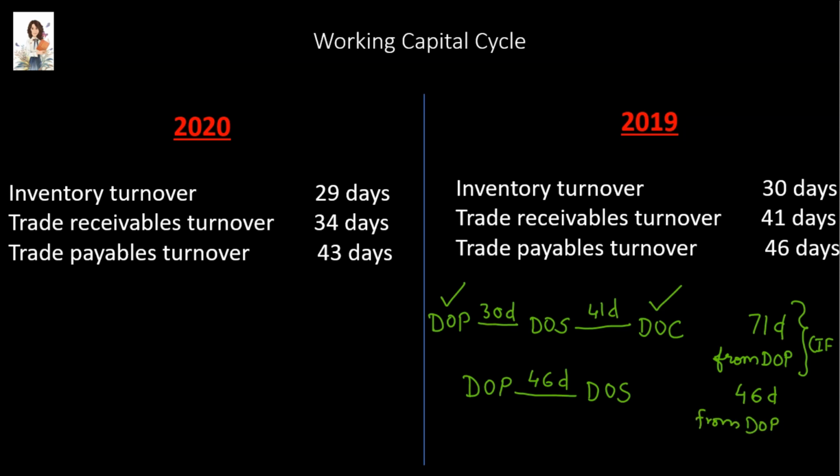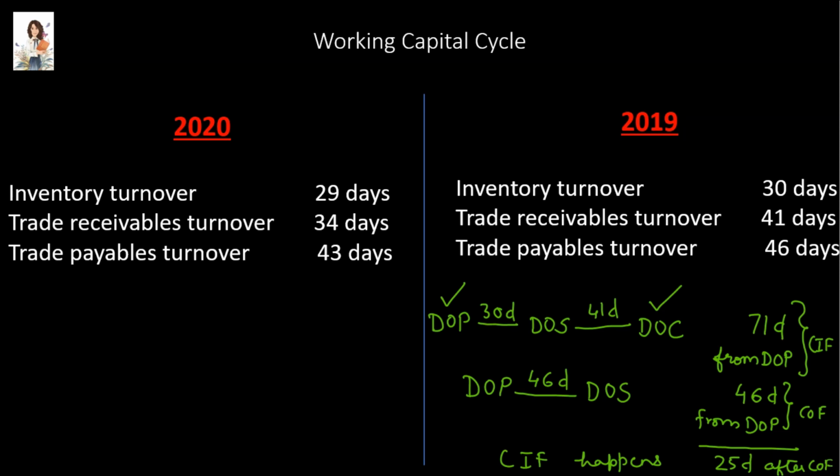This is our cash outflow. So we can see that the cash outflow happens before the cash inflow. Cash inflow happens 25 days after cash outflow, and this is called the working capital cycle of the company.